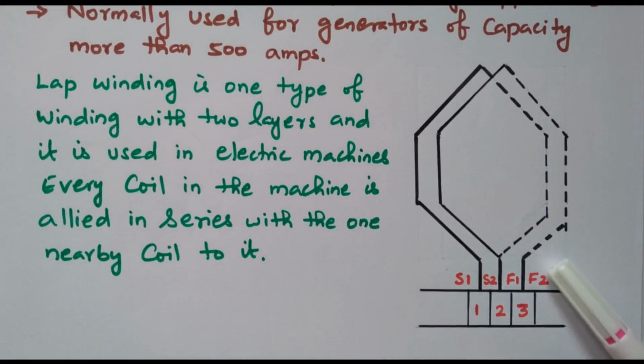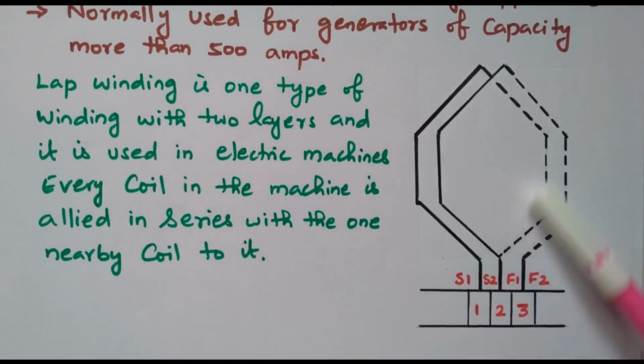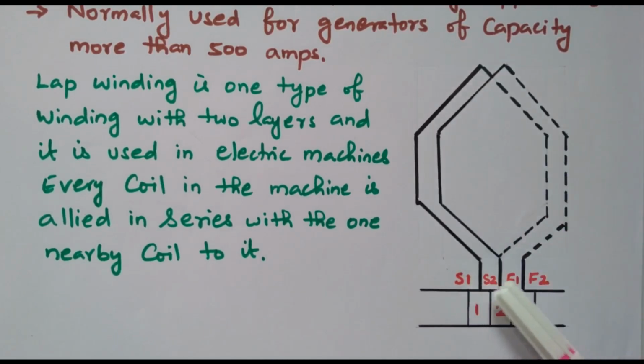That is lap winding. Each and every coil is closed: start from 1, end with 2; start with 2, end with 3. Start in one slot, finish in the next slot. Like that it will go.